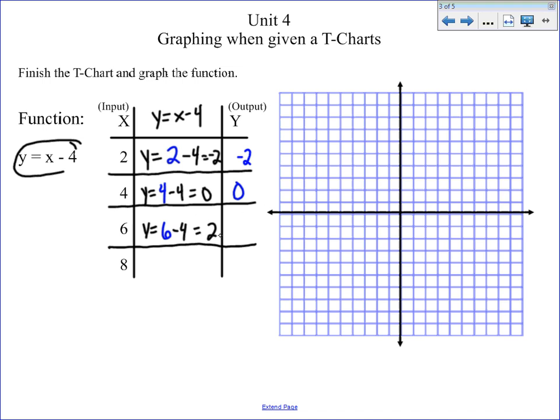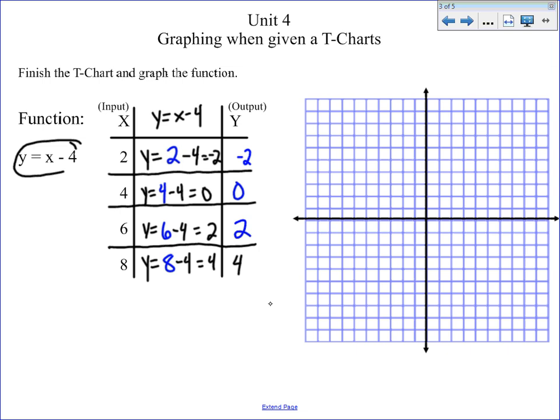So when x, or our input, is 6, our output then is 2. And y equals, this time x is 8, minus 4. 8 minus 4 gives us 4. So when our input is 8, our output is 4.